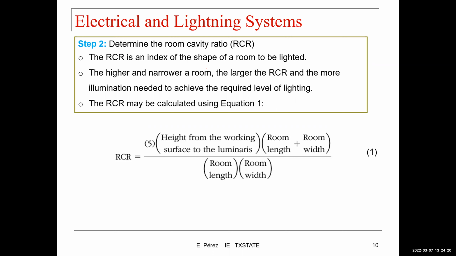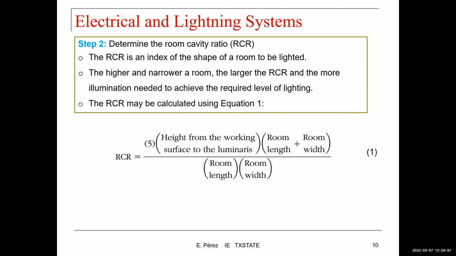So RCR might be calculated using this equation: 5 times the height from the working surface to the luminaires, times the sum of the room length and the room width, all divided by the length times the width. So that's again the room cavity ratio.